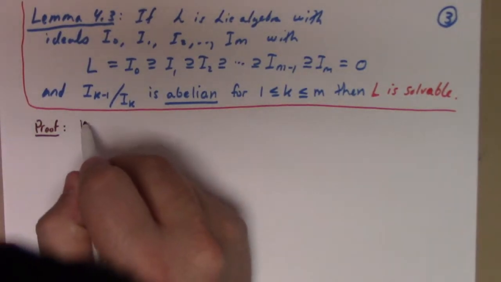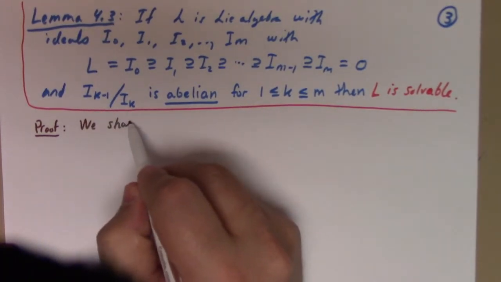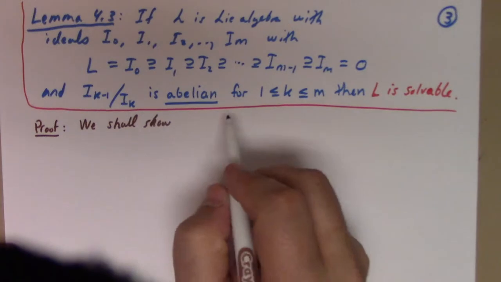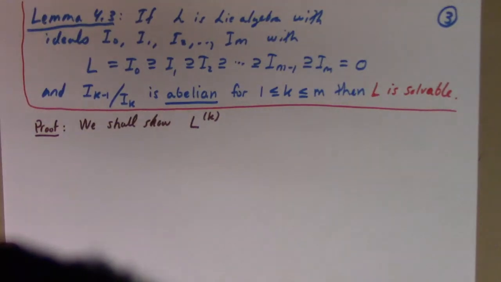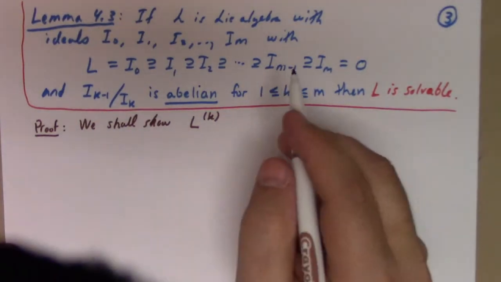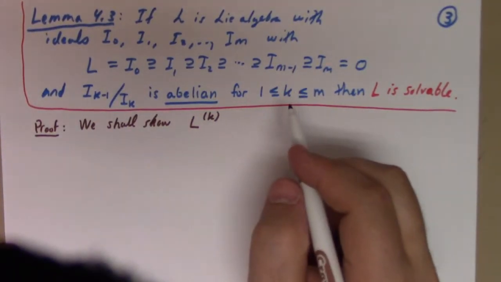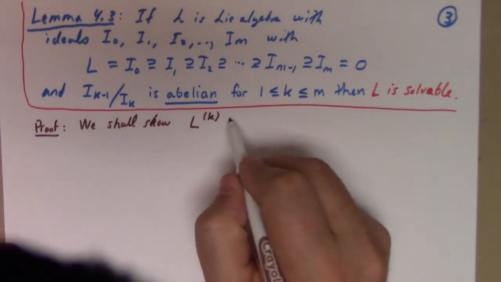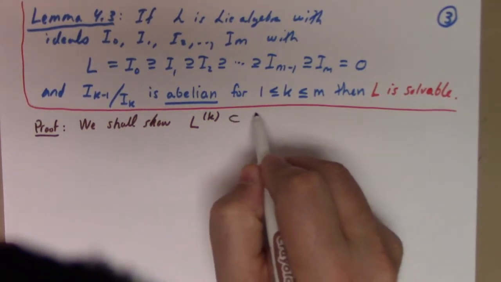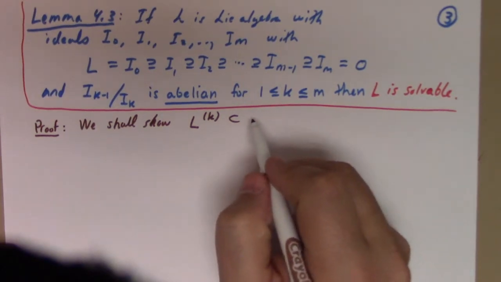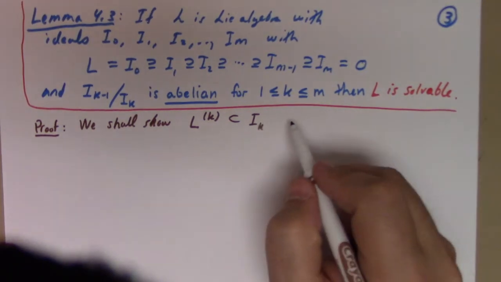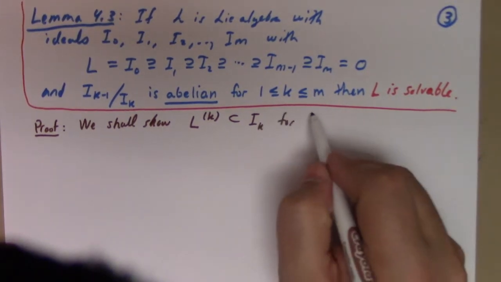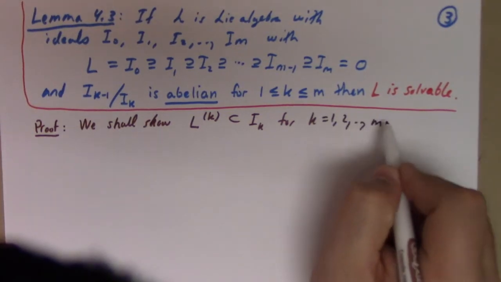All right, so he says we shall show that L^k, now he's looking at the derived algebra. You started with this bunch of ideals, but now he's going to relate them to the derived algebra, okay? He says he's going to show that L^k, the kth derived algebra, is contained in I_k for k equals 1, 2, all the way out to m, right?